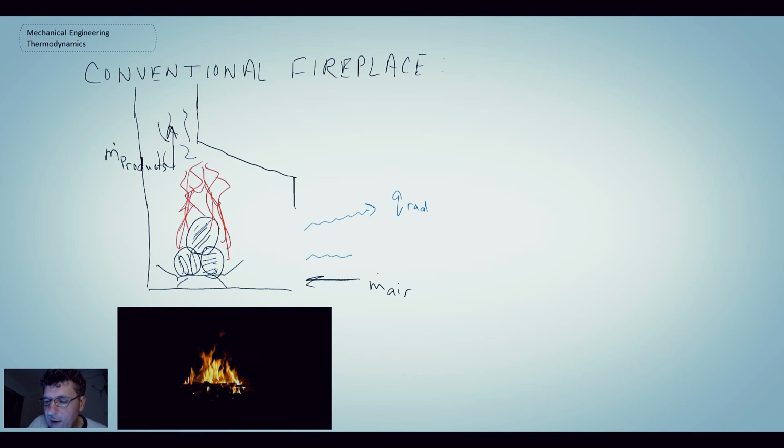And we also have convective heat transfer. So that would be heat transfer through the gases, air, that is in near vicinity to the fireplace itself. And with the convection, you'll have both natural and perhaps forced if there is a fan blowing or something like that. So anyways, that is the process that is going on.